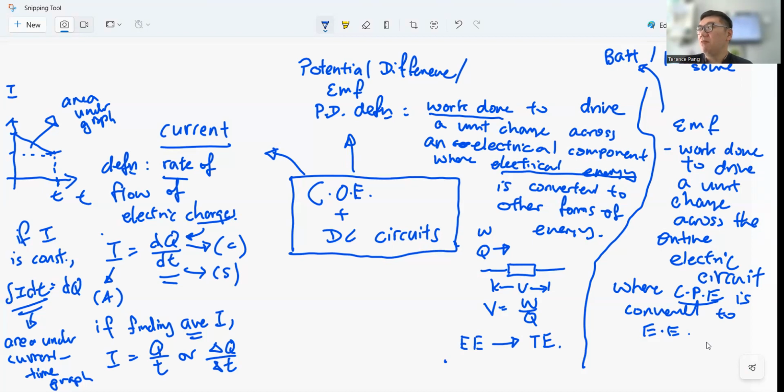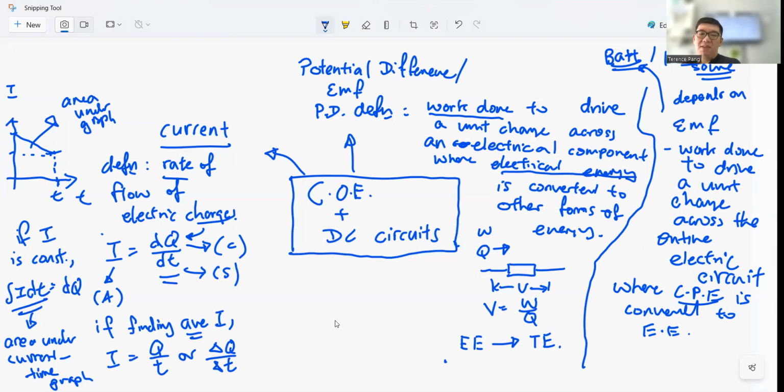What's the difference between EMF and potential difference? EMF is across the entire circuit, while potential difference is just across the electrical component. Yeah, that is one thing, as what the definition says. EMF also depends only on the battery.